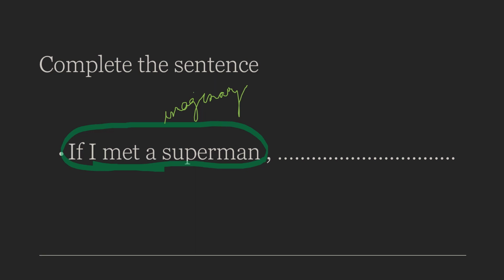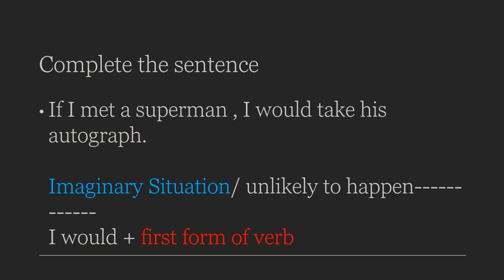But now we are concentrating on the condition only. If I met a superhero, this is an imaginary situation which is unlikely to happen, and most probably 100% it cannot happen. There is no superhero kind of thing right now, right?